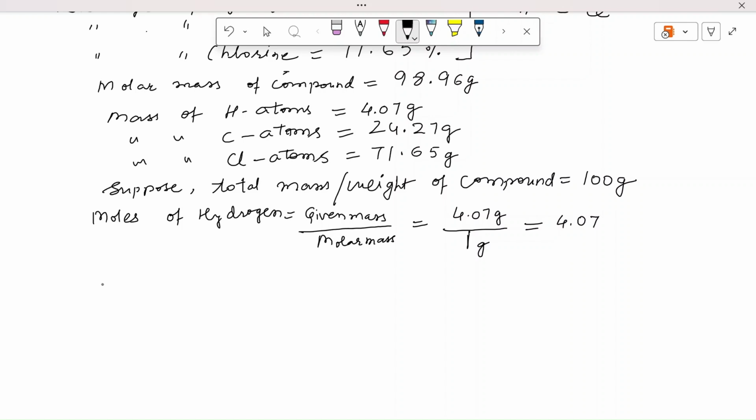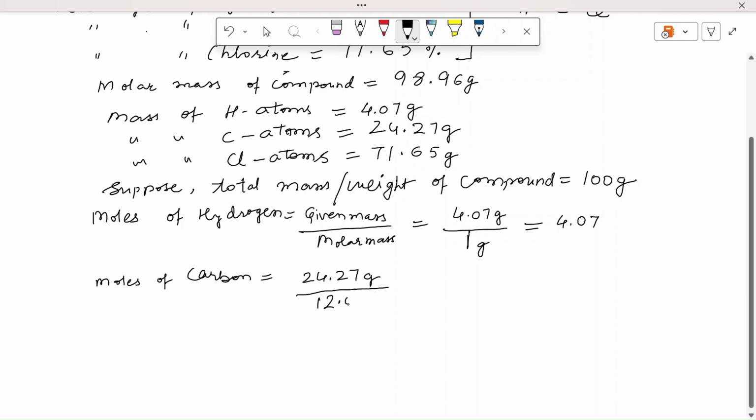Next is moles of carbon. That will be 24.27 gram, the given mass of carbon, divided by carbon's molar mass, which is 12.01. You can take it as 12.0 also. So it becomes 2.021. Next is moles of chlorine.